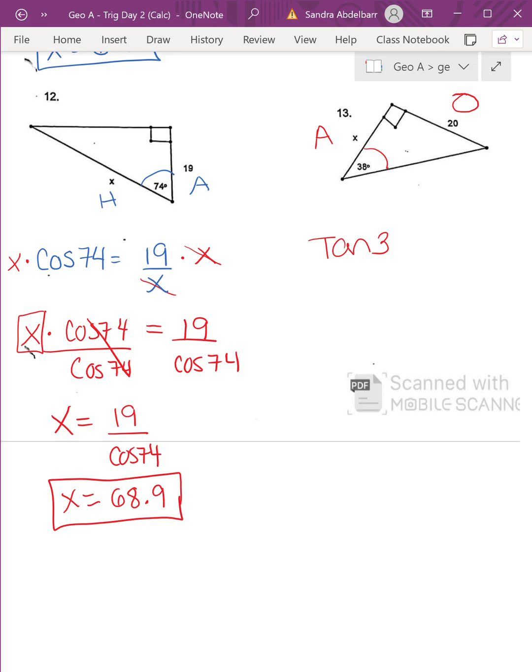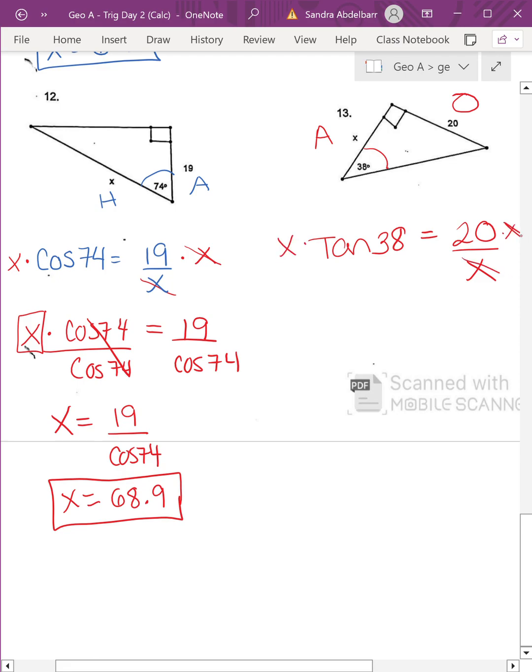So what should we have set up? We should have set up tangent of 38 equals 20 over x. We need to solve for x, but we need to get it out of the denominator. So how do I get it out of the denominator? Multiply by x on both sides. So x times tan 38 equals 20.